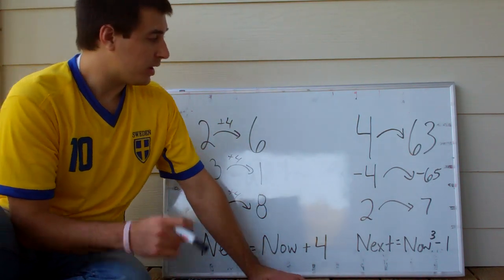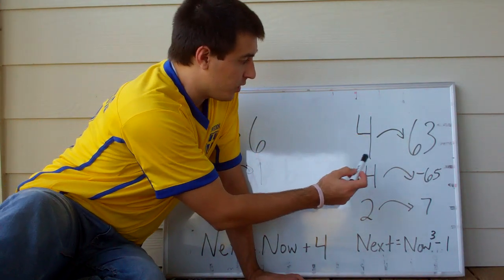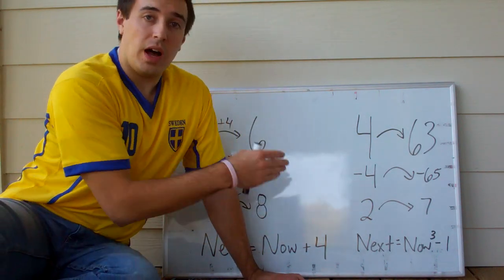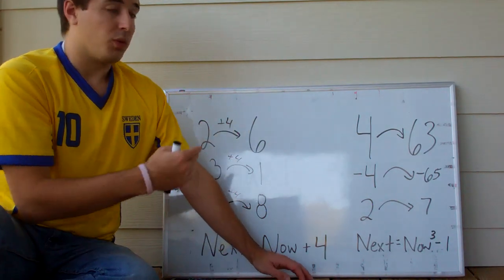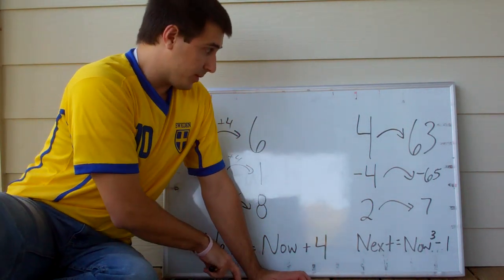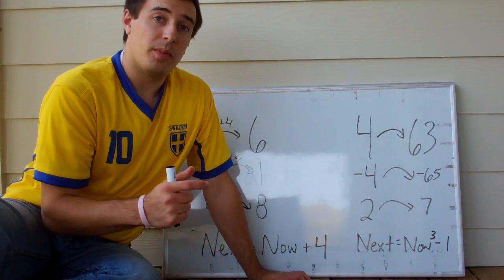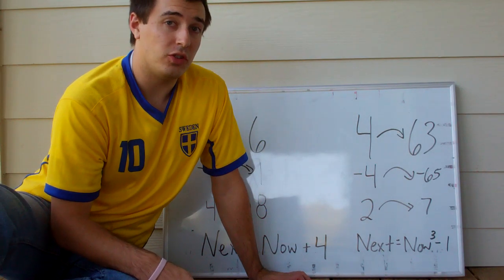Let's look at our second example right here. So we have 4 to 63, negative 4 to negative 65, and 2 to 7. So obviously right at the bat, this was a little more complicated than this one. So we're going to have to experiment a couple times probably with this one. So what I should recognize right at the bat is that 63 is very close to one of my cubes.